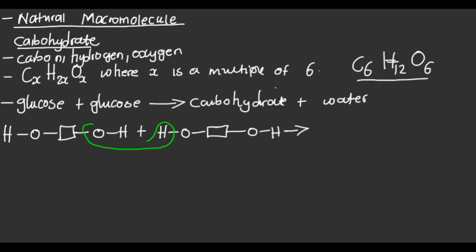Then from here, we get rid of the hydrogen. Then we are going to connect whatever remains. So we have this hydrogen, oxygen, then this box here. Then this bond and this remaining bond will connect. Then we'll have oxygen, this bond here, the box, OH here, plus the water. So this is the structure of a carbohydrate.